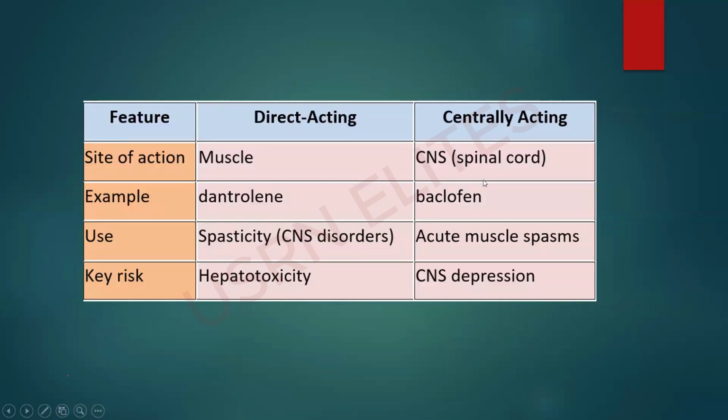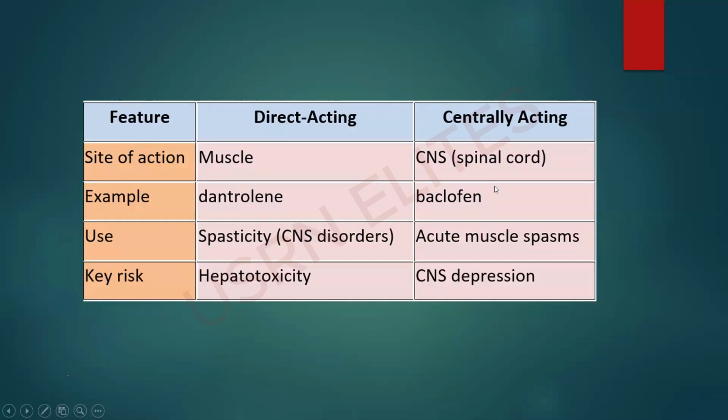So direct acting here, centrally acting here. I give examples. Sites of action: the direct acting act on the muscles, centrally acting act on the CNS. An example of direct acting is dantrolene. An example of centrally acting is baclofen. Baclofen and dantrolene both reduce muscle spasm.